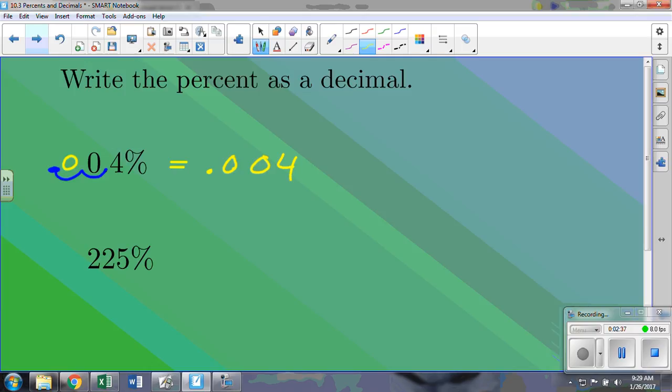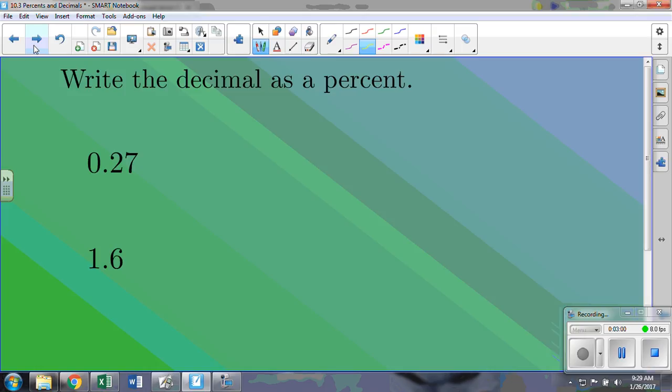With 225%, you can't even see a decimal, but we understand it at the end. And so moving 2 places to the left again, we get 2.25. To change a percent to a decimal, we move the decimal point 2 places to the left.